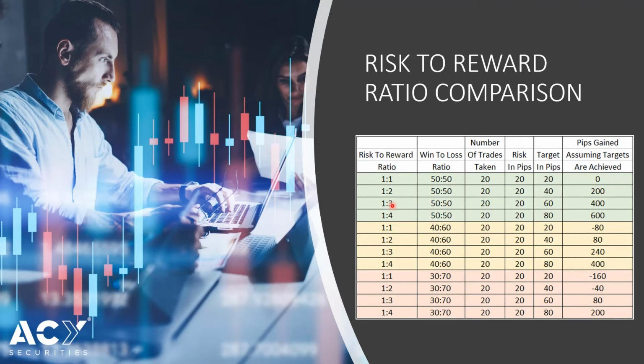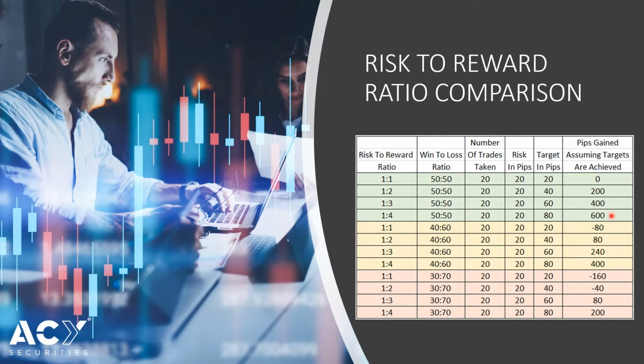Alright, so if you take the time to study the results, then the best ratio in comparison is the 50 to 50. If you're using a risk to reward ratio of 1 to 1, you'll be at break even. 1 to 2 you'll make 200 pips, 1 to 3 you'll make 400 pips, 1 to 4 risk reward ratio you'll make 600 pips.